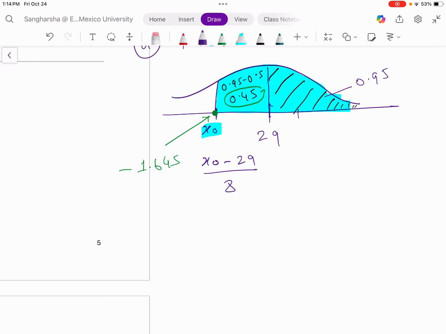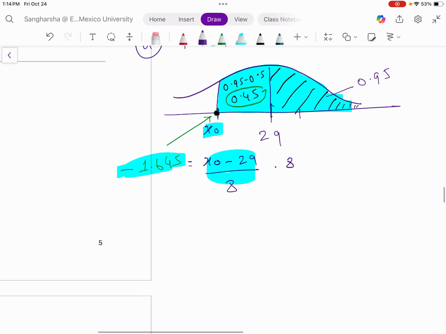Here this is the g for this point. This is also g for the same point. So these two numbers have to be equal to each other. Now we multiply both sides by 8. This 8 cancels. We have negative 1.645 into 8.